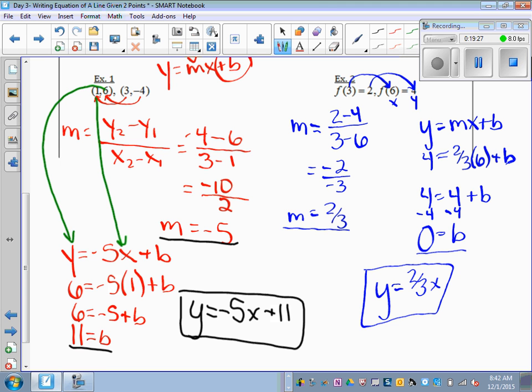Alright, again, we take our points, use those values to find our slope, then take one of our points with the slope to find our b value, and put it all together in one nice equation.